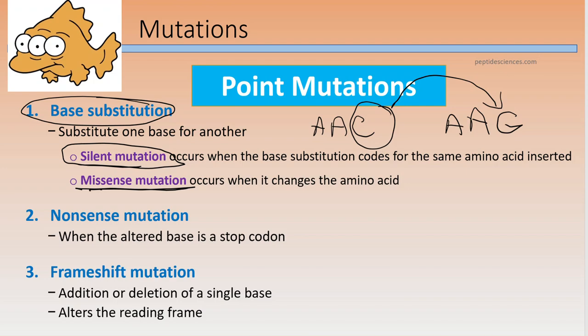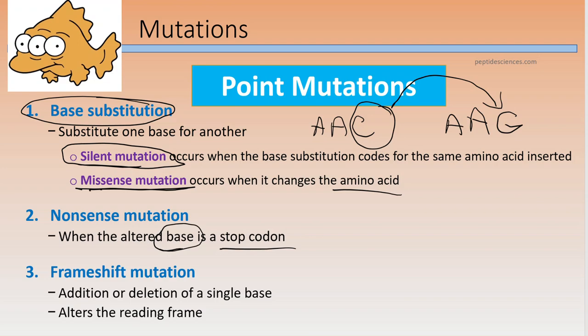The missense mutation, which is where it does code for a different amino acid, means that it will change the protein, and if it changes the protein significantly, that can be either very damaging or favorable in terms of evolution. A nonsense mutation is when one of the bases is altered, creating a stop codon.